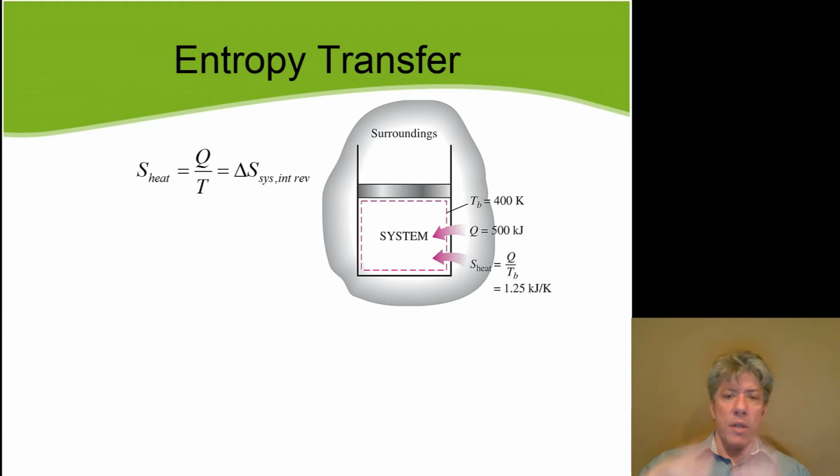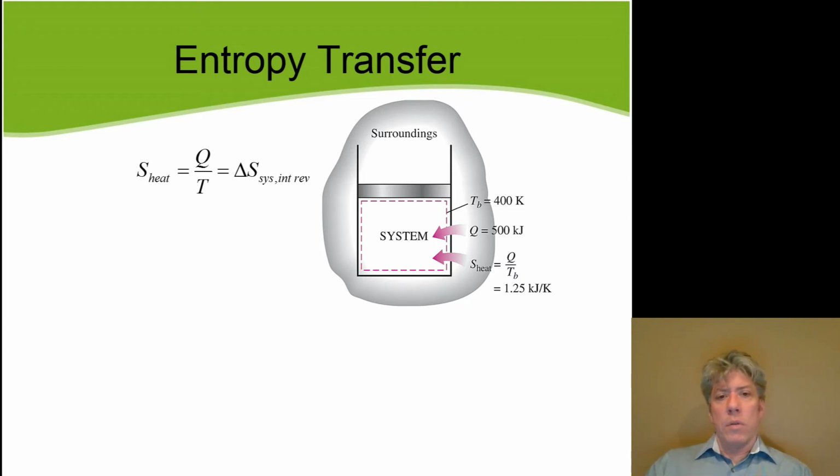Because understand, this is an internally reversible process, and so the heat that's transferred in could be transferred back out, right? And the entropy change in that cycle would be zero. There's no entropy being generated here, okay? At least not internal to the system. Rather, entropy is simply being transferred into the system. So we can calculate that amount of entropy by just taking the amount of heat transfer and dividing by the absolute temperature of that heat transfer. Okay?